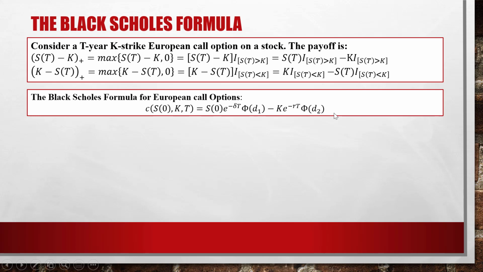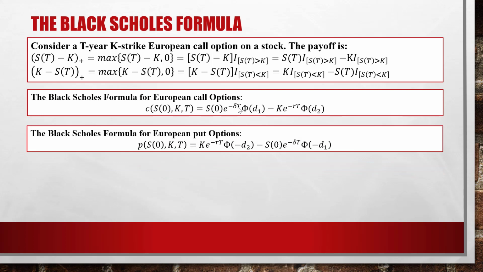Remember that Φ(d1) represents the expected value of the indicator function, and S0 e^(-δT) represents the prepaid forward price of the stock at time 0. And K e^(-rT) is the prepaid forward price of the strike at time 0.